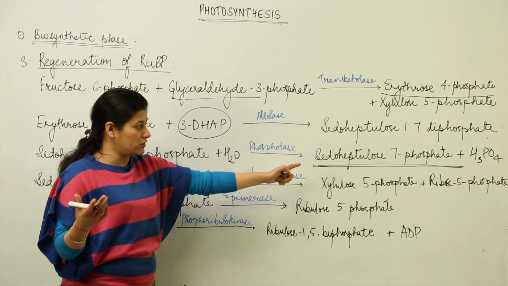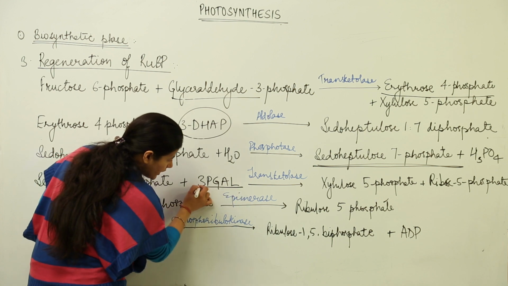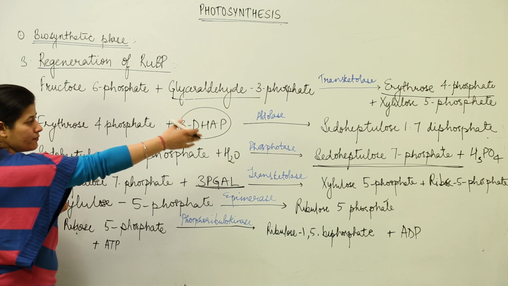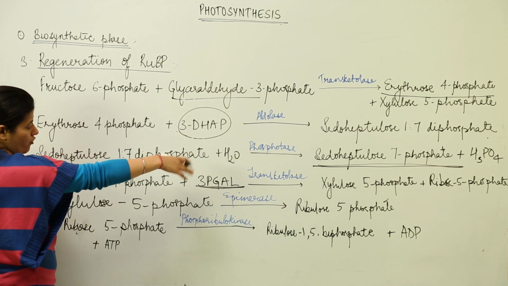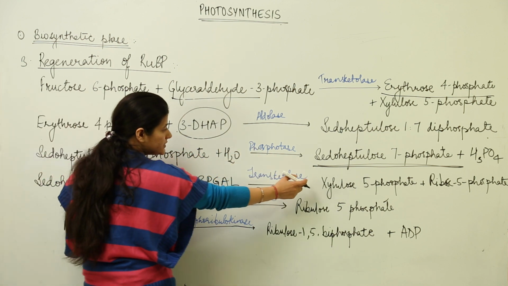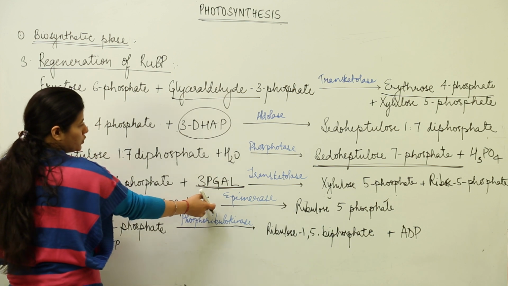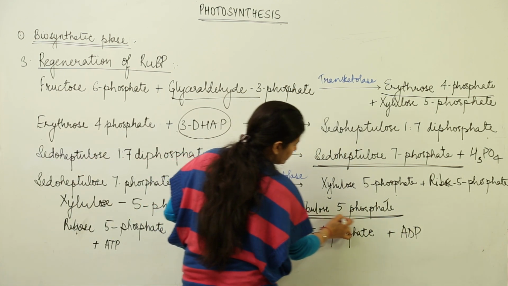Now, this sedoheptulose 7-phosphate combines again with this 3-PGAL and forms xylulose 5-phosphate and ribose 5-phosphate. You have 10 carbon compounds and both of them form 5-carbon compounds. Now, this xylulose 5-phosphate would get converted to ribulose 5-phosphate.